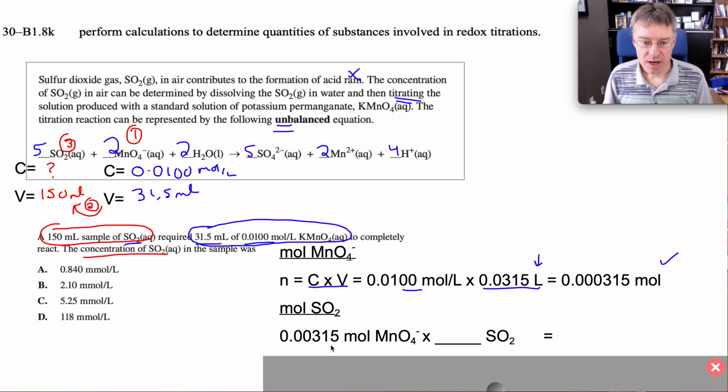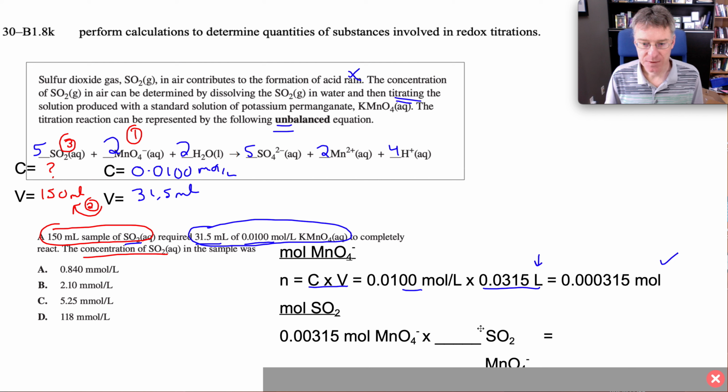So I pull down our permanganate moles, and then we're going to turn permanganate into sulfur dioxide. This is our stoichiometry, and there are 5 sulfur dioxides required for every 2 permanganates. So then we can run this math and we'll convert to SO2.